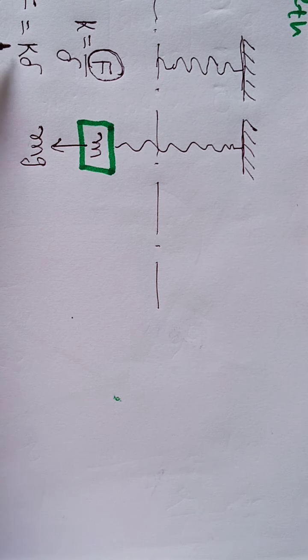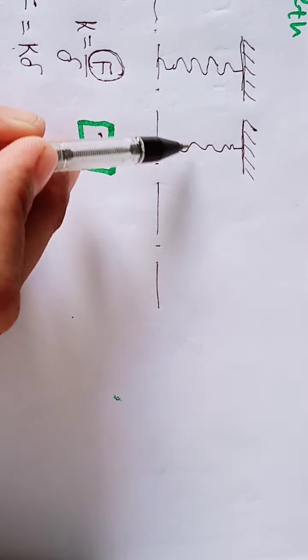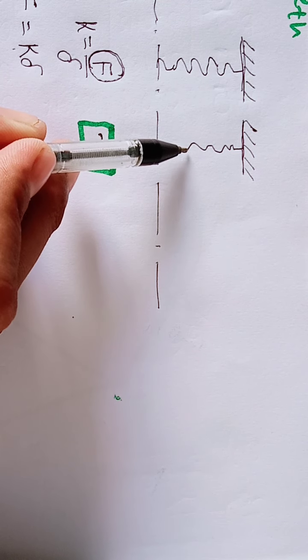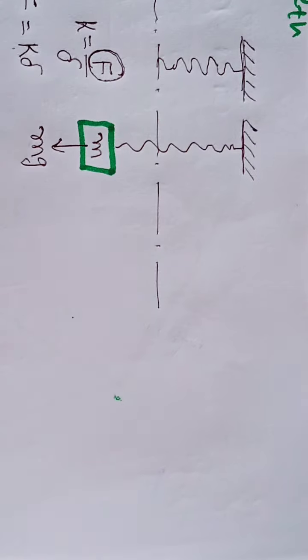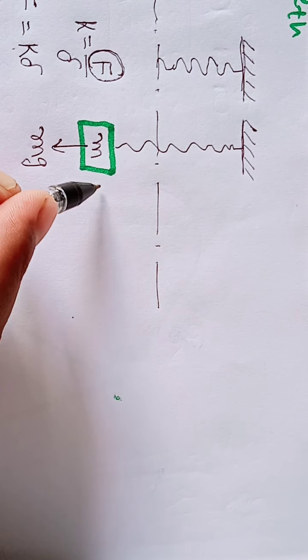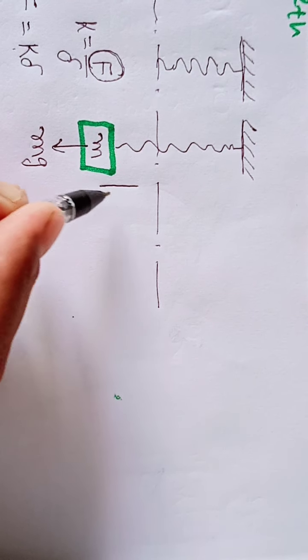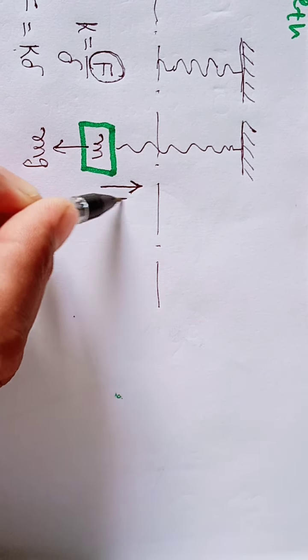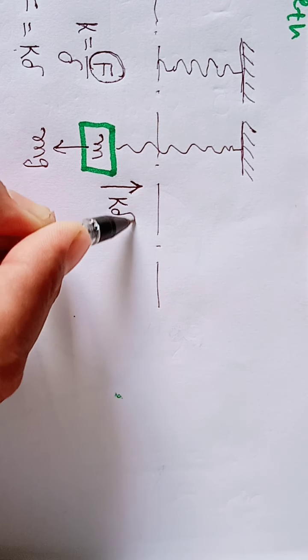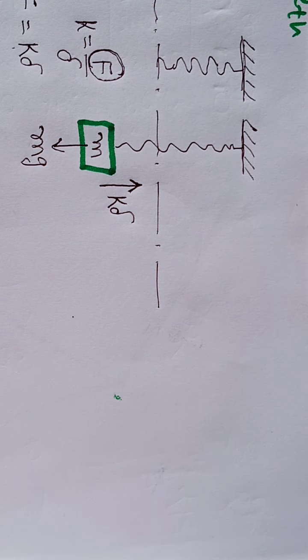Remember that stiffness is the inherent property of the material from where the spring has been made. So the upward force, resistive force, is nothing but K into delta, purely due to stiffness property.